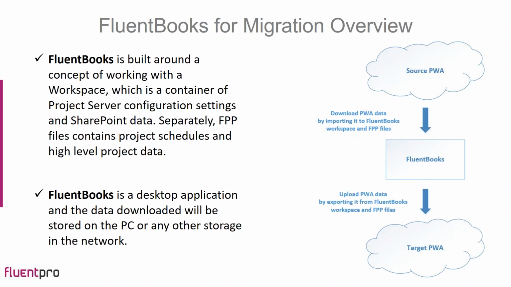As FluentBooks is a desktop application, the data, when it is downloaded, is stored either on your PC or virtual machine or any other storage in your network that you specify during download.